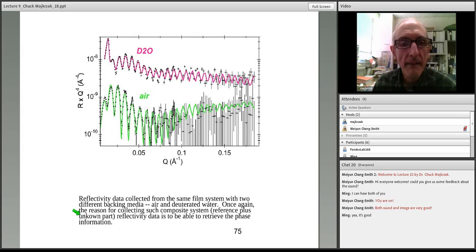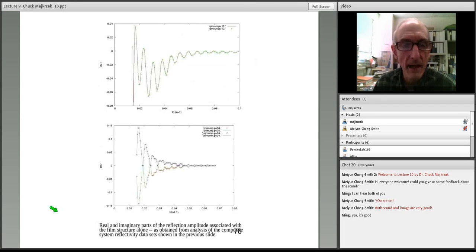To get the phase information in this case, what was done was to do two measurements. One with the photovoltaic film system next to air, and then next to an aqueous reservoir containing deuterated water. So here's the spectrum, the two composite reflectivity systems multiplied by q to the fourth for better presentation.